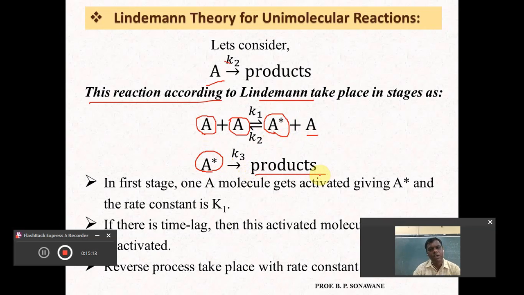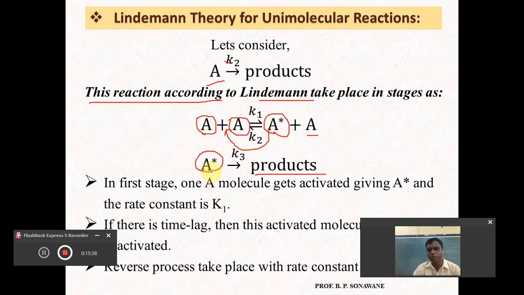So how many steps are there? In the first step, two reactant molecules collide with one another and give the formation of the activated molecule, indicated by A star. Some amount of this activated molecule is reconverted into reactant. This is called the rate of deactivation, indicated by K2.